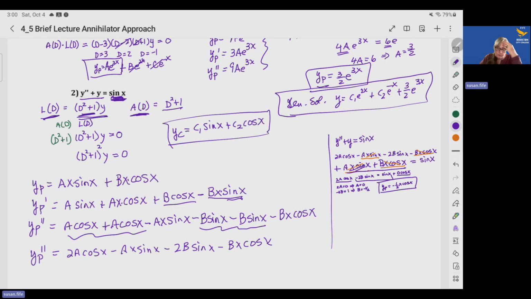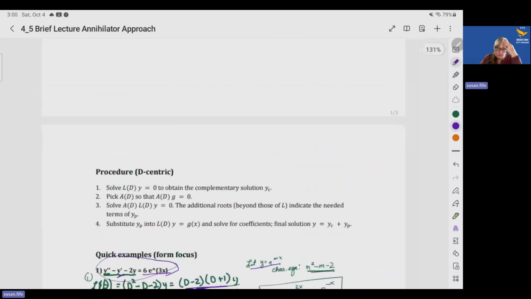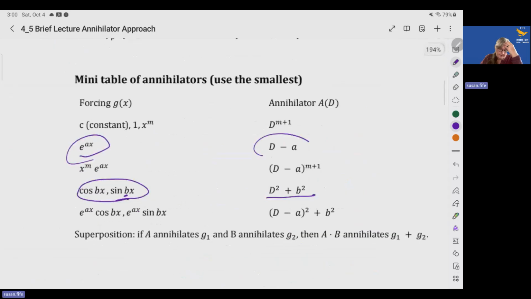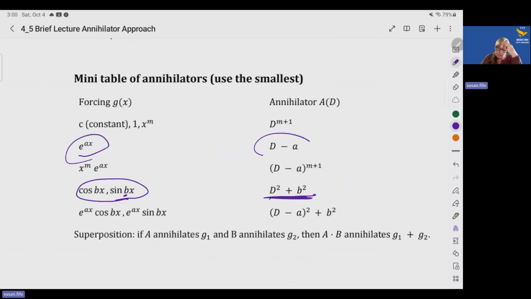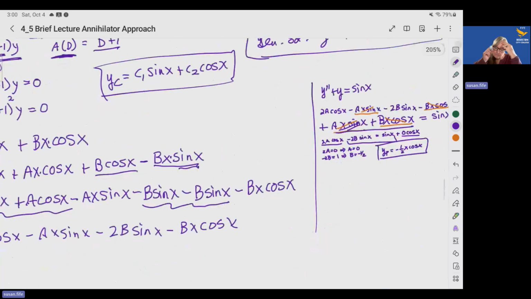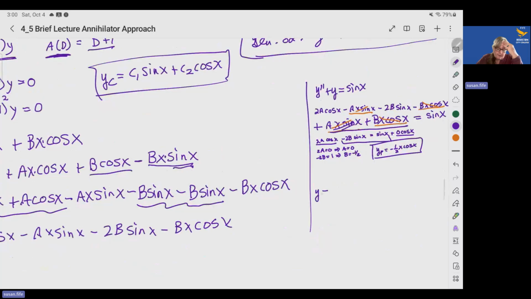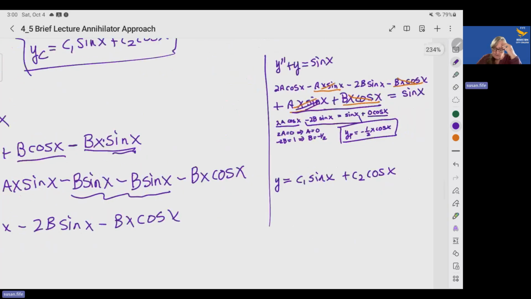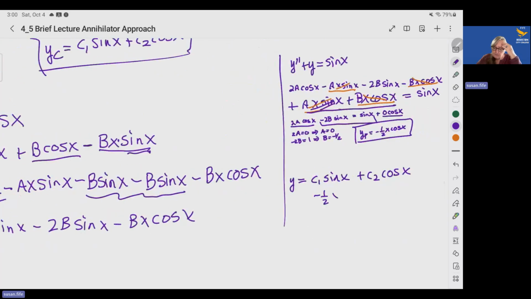That comes out from this D squared plus 1, which gives us sine and cosine x. And so we get y equals C1 sine x plus C2 cosine x minus 1/2 x cosine x. And that's our general solution.